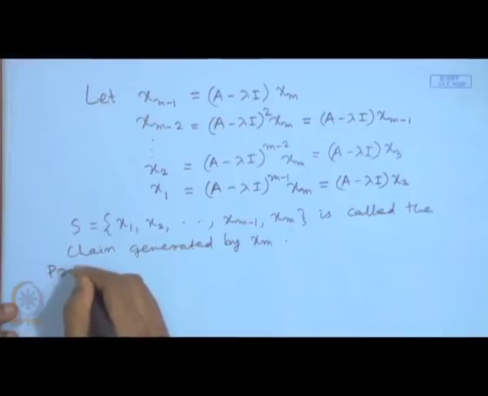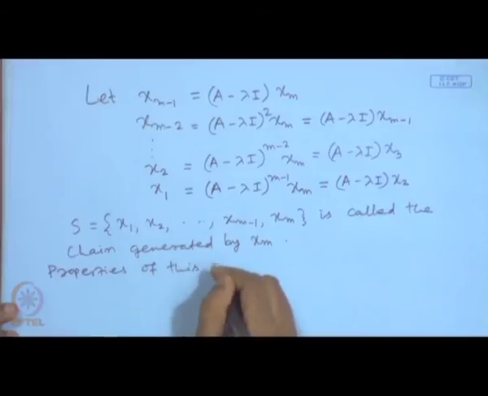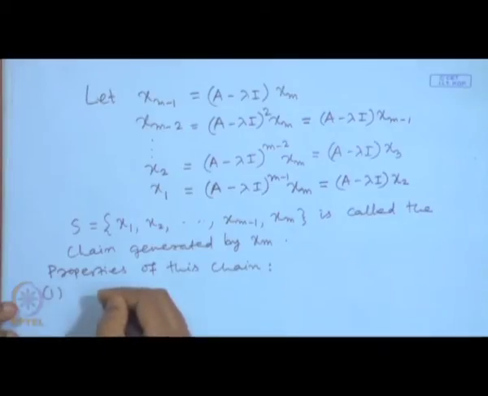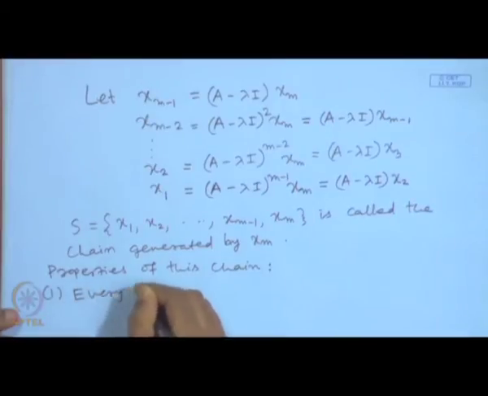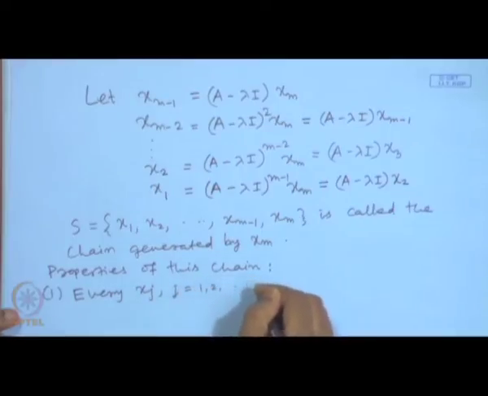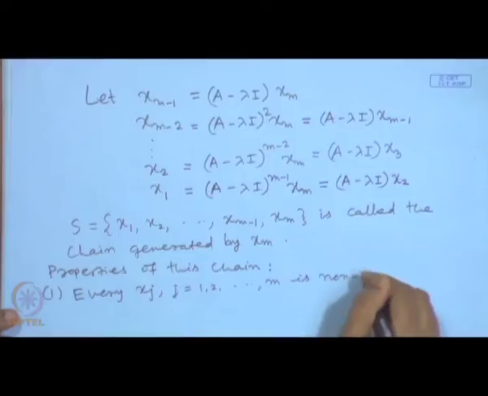So, properties of this chain are like this. First property is that every x_j, from 1 up to m, is a non-zero vector.